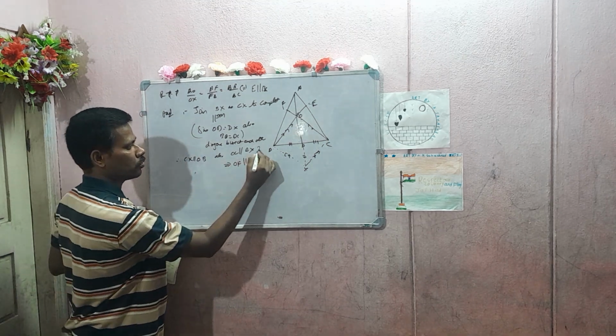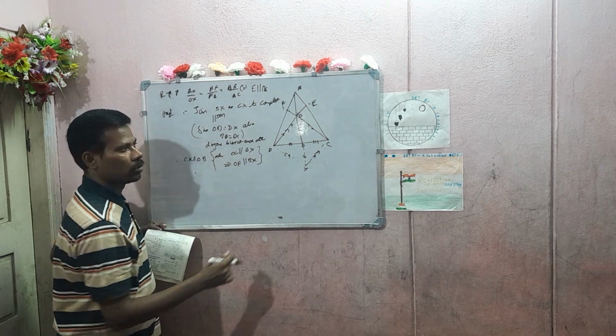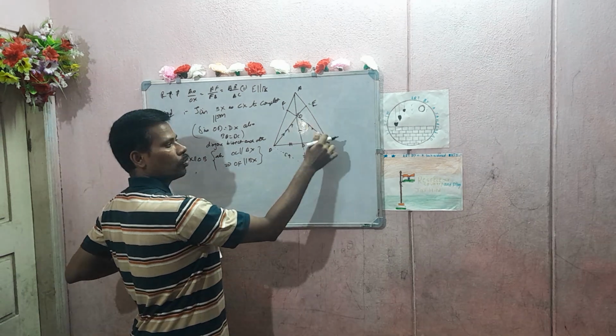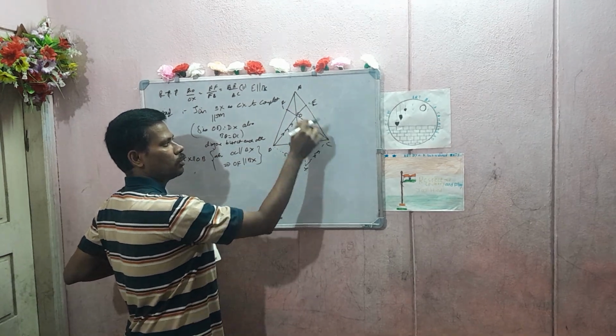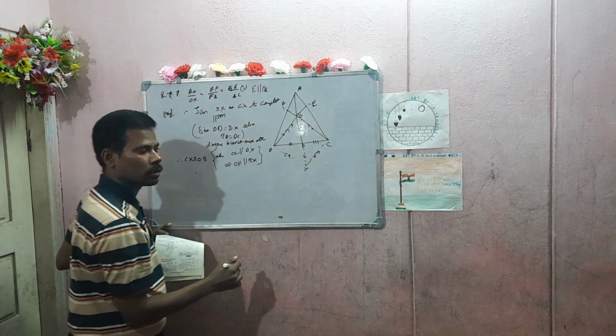From these two, OC is parallel to BX, that means OF is also parallel to BX.